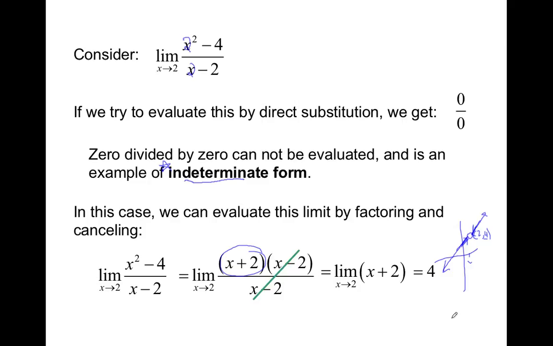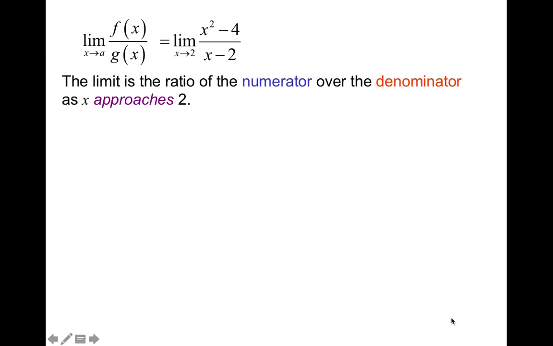Let's pretend I didn't know algebra or algebra couldn't help. This limit, it's important to think about this limit as being a ratio. Now it's a ratio of a parabola to a line. Both of those are differentiable functions.